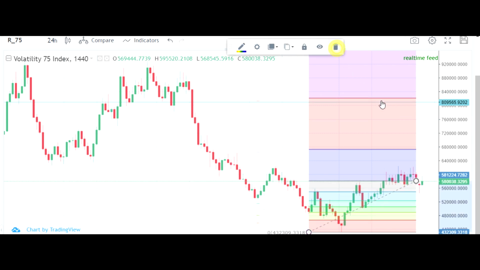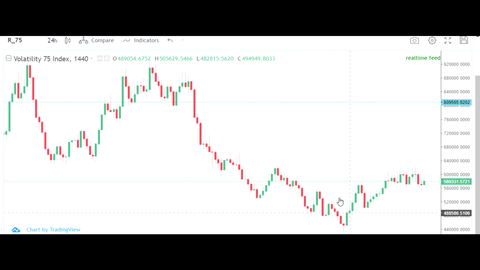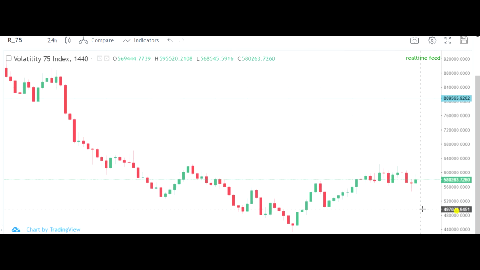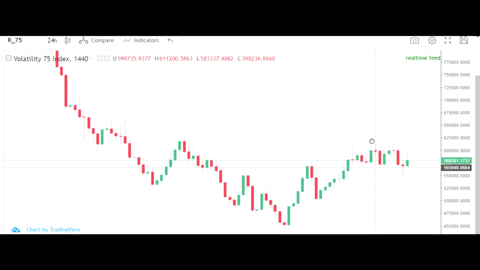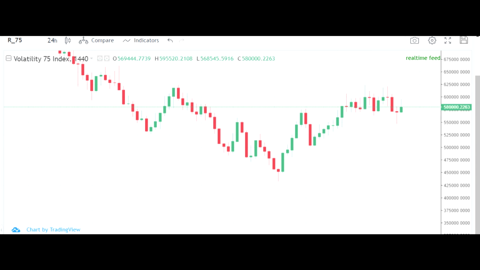So let me delete this. Why do I consider this shaded area as an order block? Why do I consider all these candles here as an order block? The reason is simple.